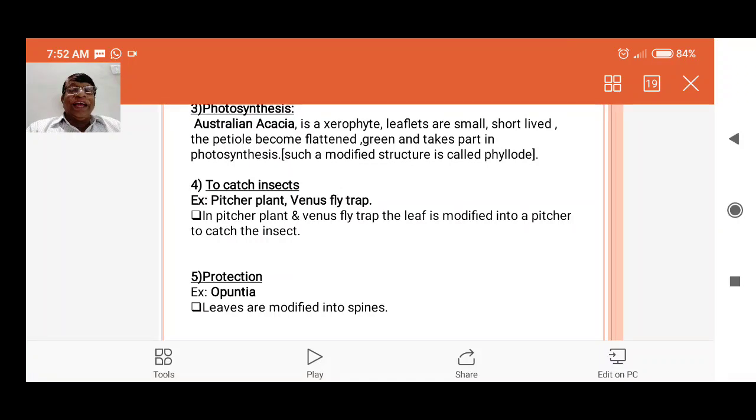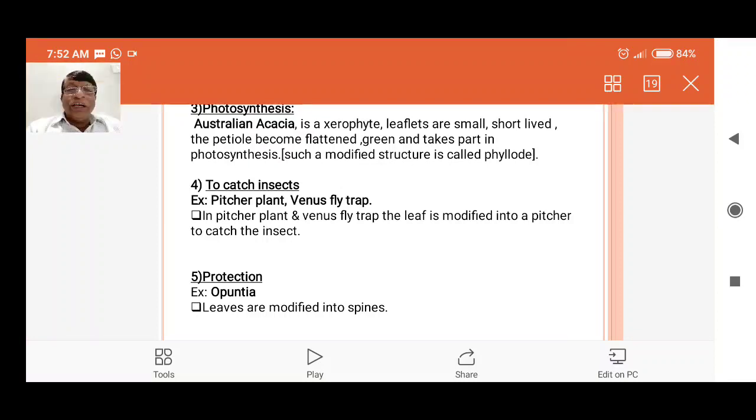It is a xerophyte. The leaflets are small, producing bipinnately compound leaves. Leaves are short-lived, fall off early.